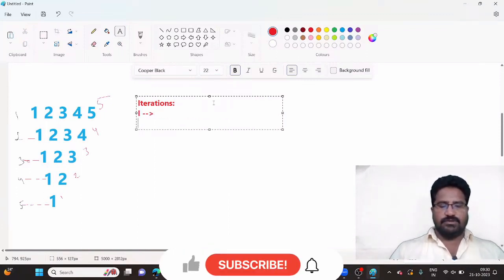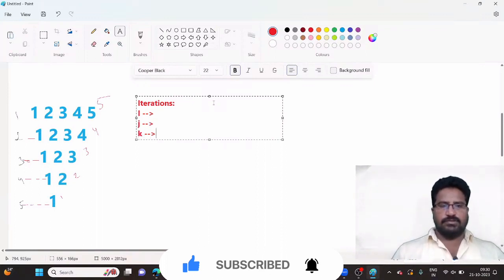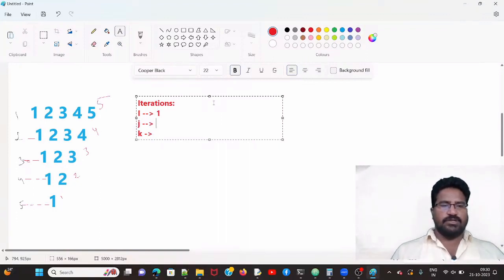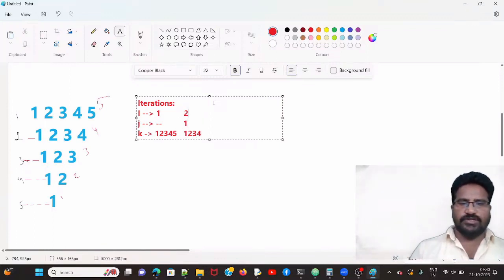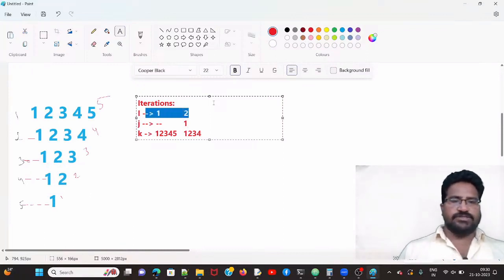When I is 1, what about the J? J has no iterations, right? But K: 1, 2, 3, 4, 5, 5 iterations. When I is 2, J has 1 iteration, and K: 1, 2, 3, 4, 4 iterations, okay?